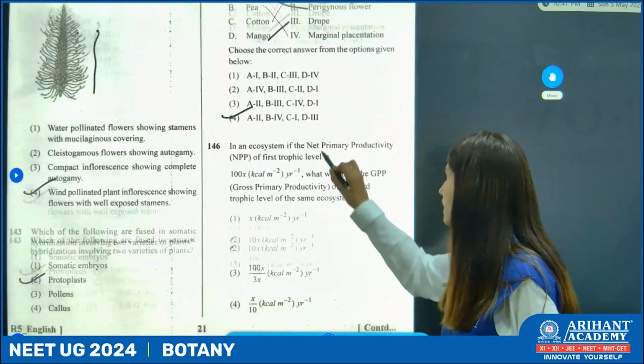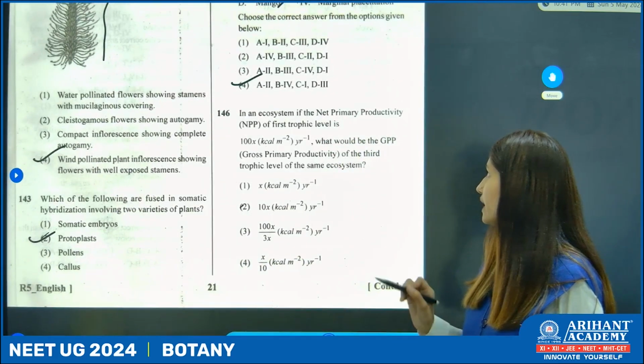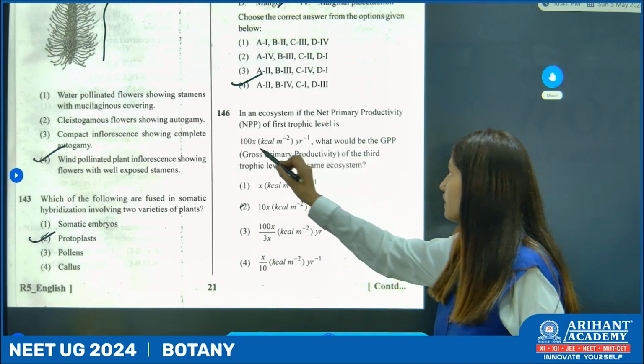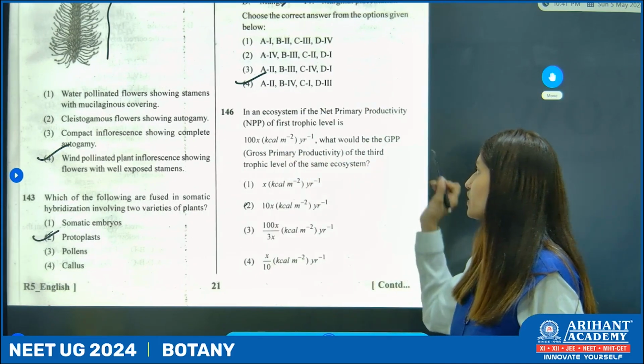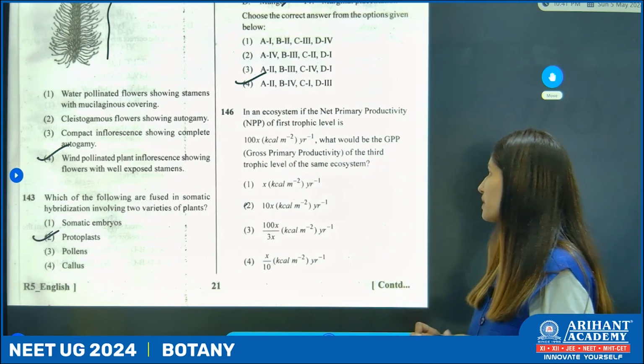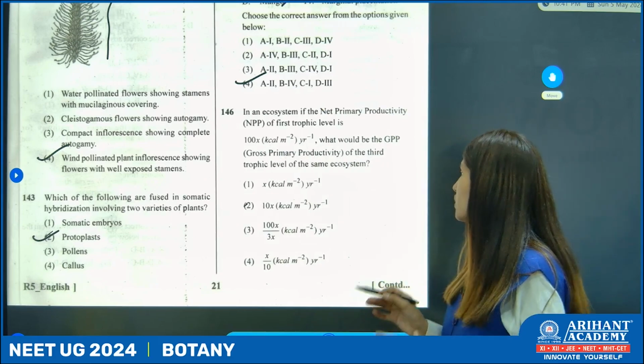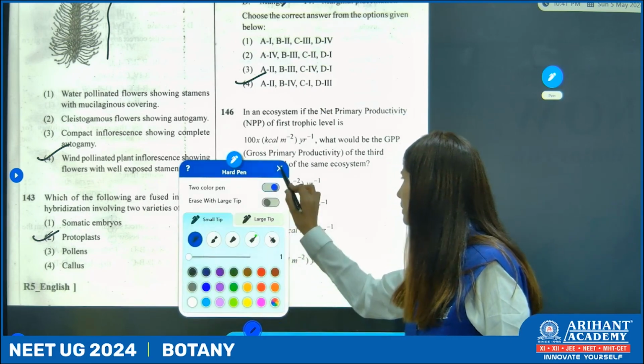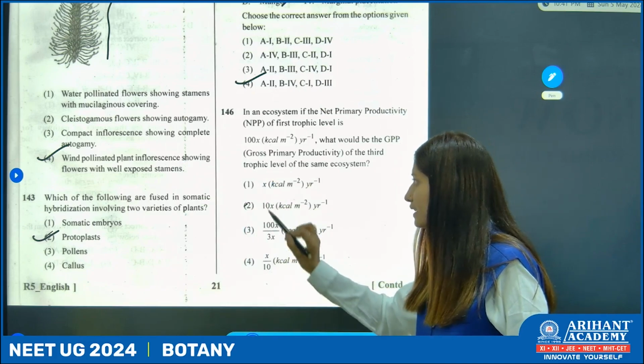Okay, next question. In an ecosystem, if the net primary productivity of the first trophic level is 100x, what would be the GPP of the third trophic level of the same ecosystem? So here the answer will be either 10x or x.